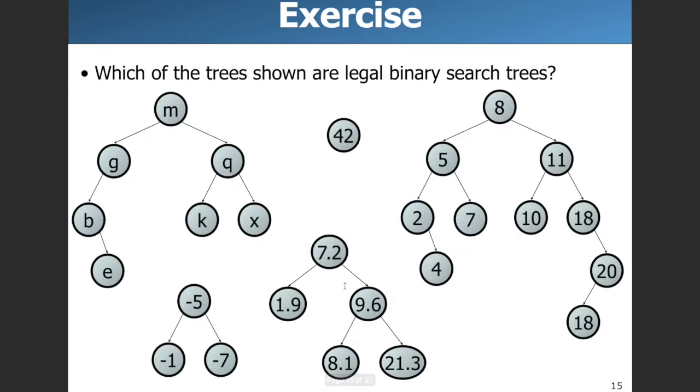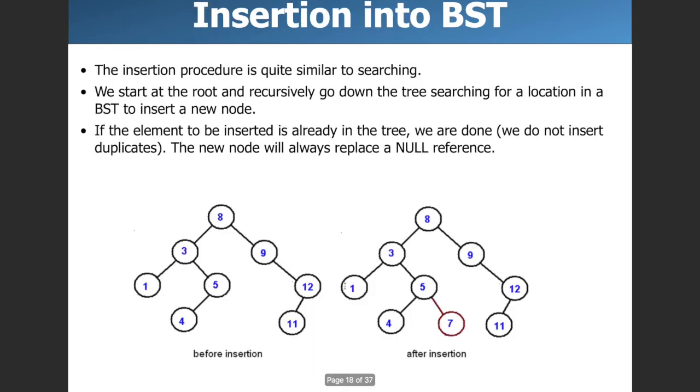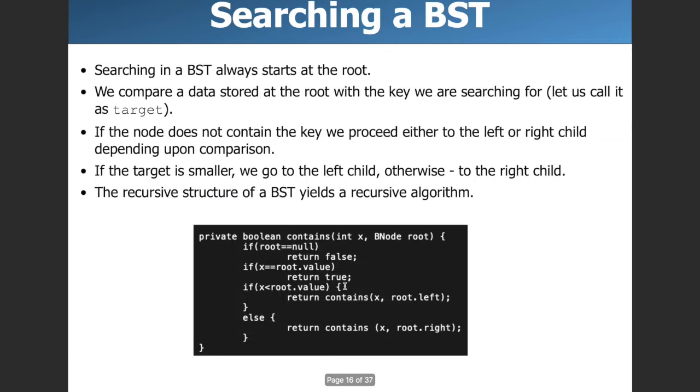Let's write a method to, let me see. Yeah, let's take a look at slides first. So the main idea of a binary search tree is that it's easy to search for some values. Searching in a BST always starts at the root.